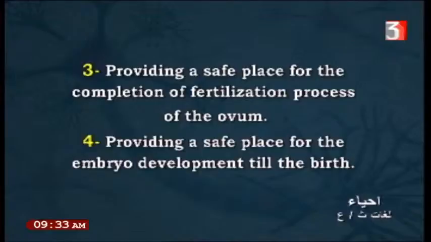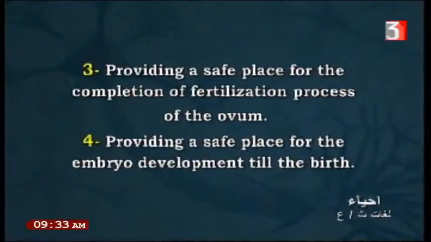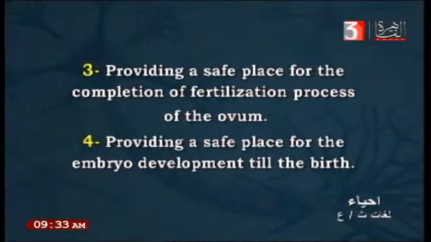The uterus is the place in which the baby is found, and it is a safe place to complete the formation of the baby. The uterus provides a safe place for embryo development until birth.